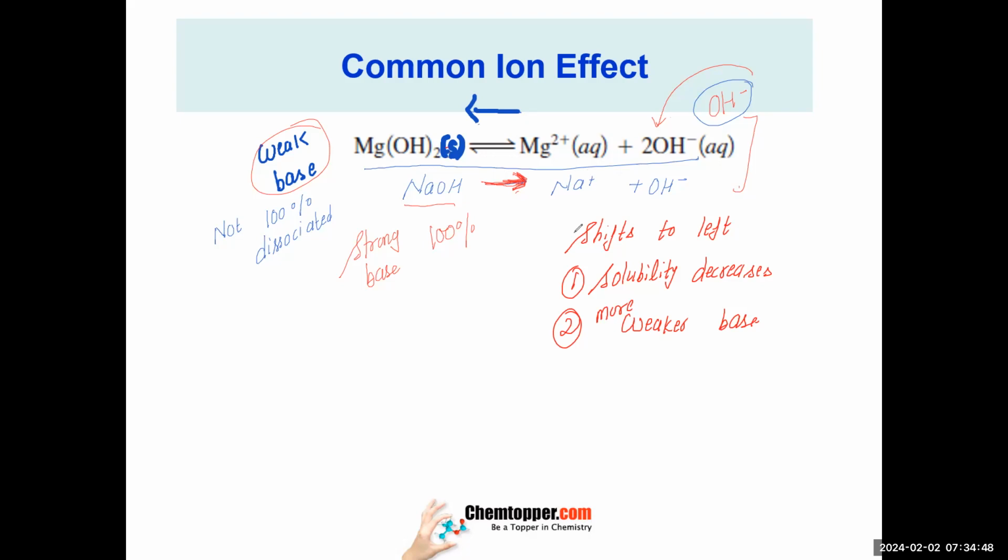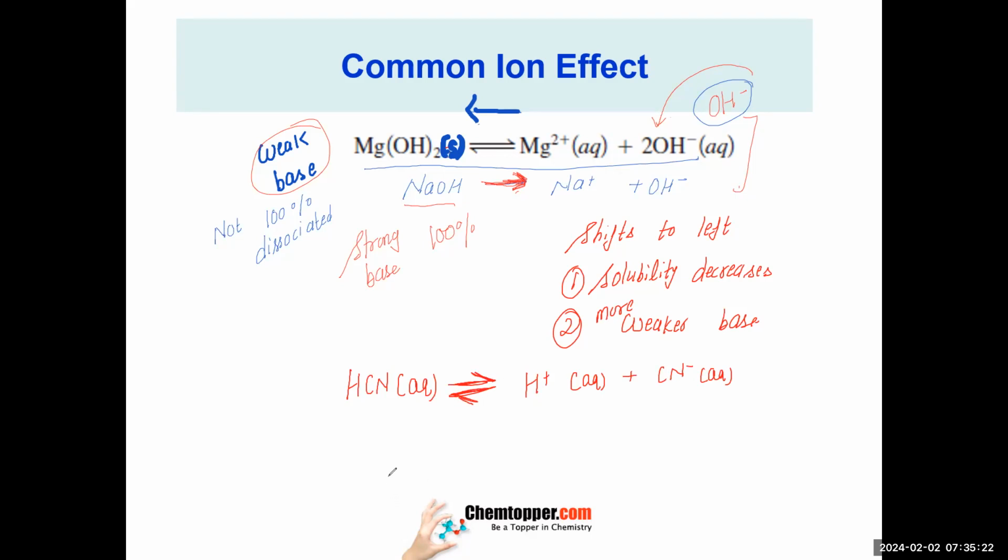Similarly with acid. If I give you a weak acid, if you remember the solubility rules, all acids are soluble, rule number 1. So this is completely soluble, but it's a weak acid. It means it's only partially dissociated, not fully dissociated in water. That's why I'm representing it by an equilibrium.